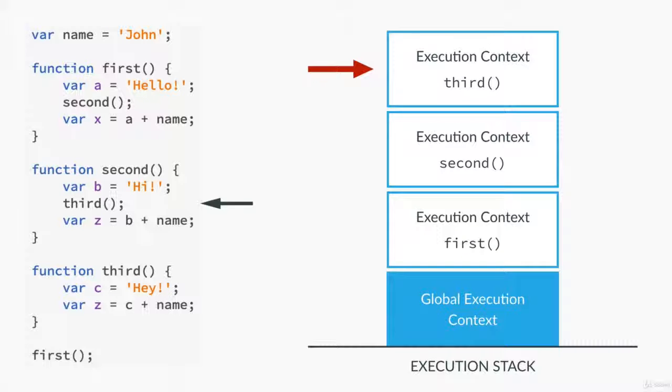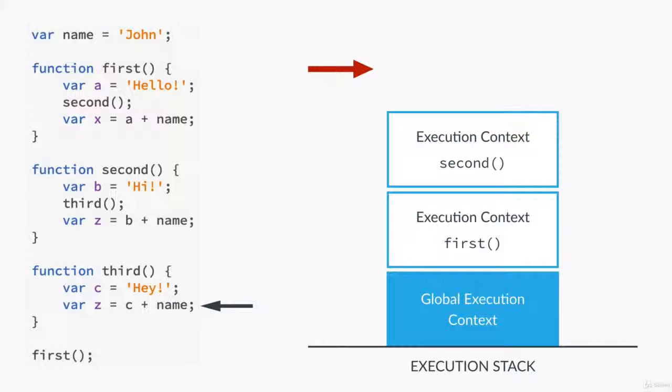So now inside of the third function, we just have these two variable declarations and nothing more. So this function has now done all its work, and so we say that the function returns. So what happens to its execution context? It just gets removed from the top of the stack. Very simple. And then the context of the second function, which called the third function, is back to being the active context. And we go back to the second function.